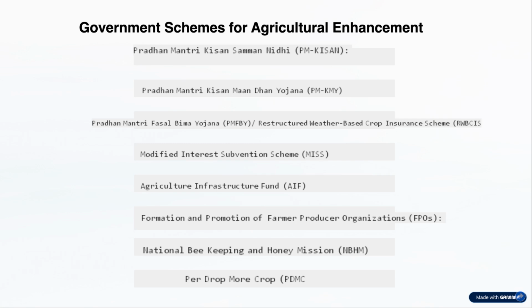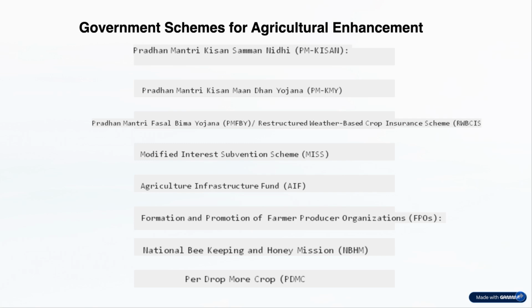Some of the major schemes: Pradhan Mantri Kisan Samman Nidhi provides direct income support to the farmer. Second is Pradhan Mantri Kisan Maan Dhan Yojana, PMKMY, a pension scheme that aims to provide financial security to farmers after their retirement. Another one is Pradhan Mantri Fasal Bima Yojana, restructured as weather-based crop insurance, which protects farmers from crop loss due to natural calamities by providing insurance coverage.